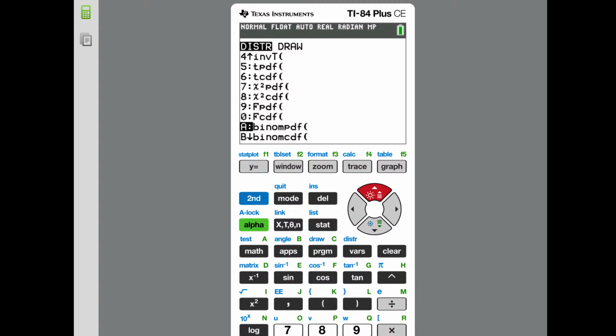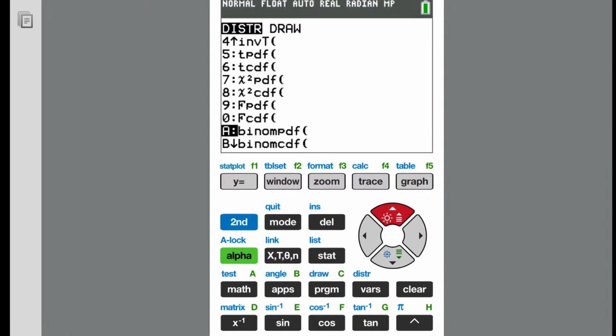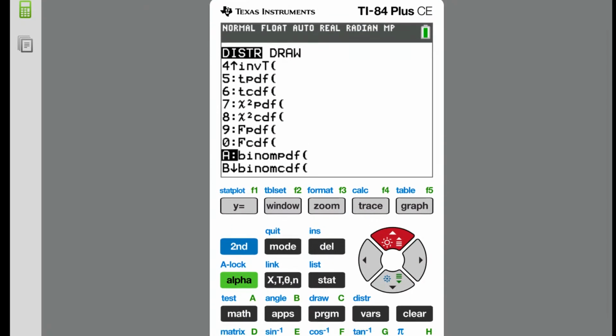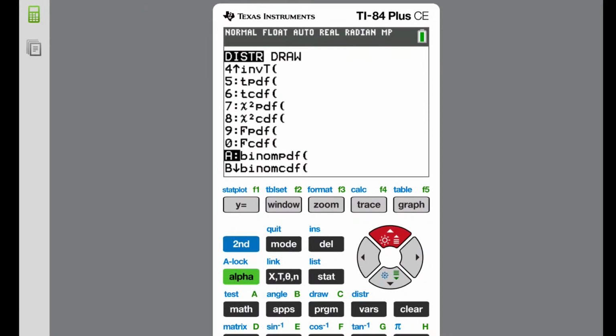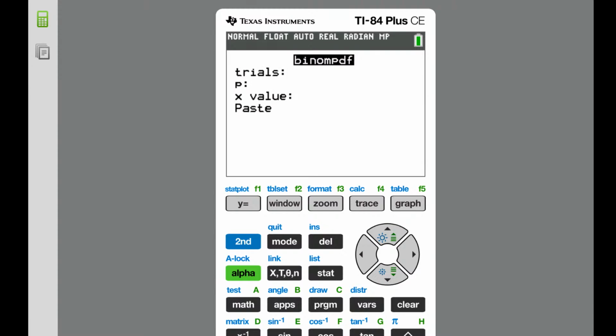Okay, now we may want to scroll in a little more. This is what we're going to look for. So hit enter. Now, the number of trials here, there's 10 questions. So n is 10. Little p is 0.5. It's a true-false test. X is 8. So we're going to paste this in.